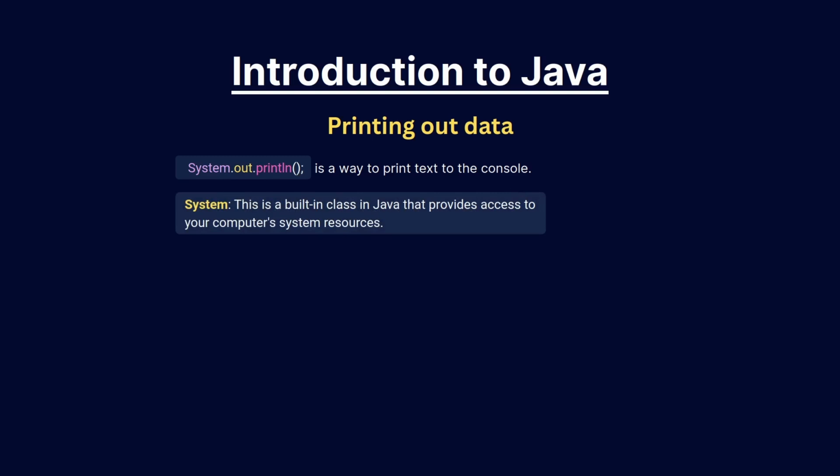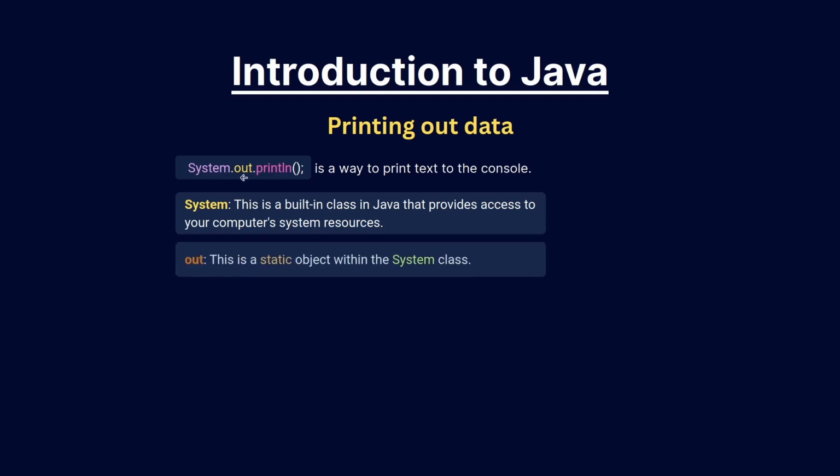Remember, in the earlier sections of this video, we talked about libraries that come with the JVM. Those libraries are like this one. You don't write this one yourself. It comes pre-written, so you just use it. System is a built-in class in Java that provides access to your computer resources like your console. Then we have the out here, which is a static object within the System class.